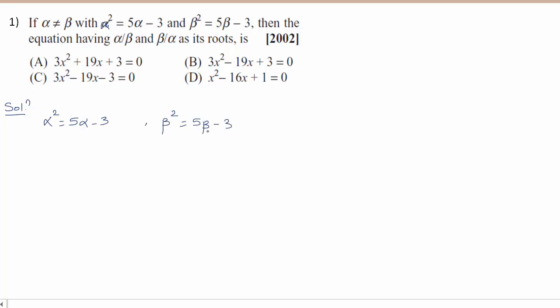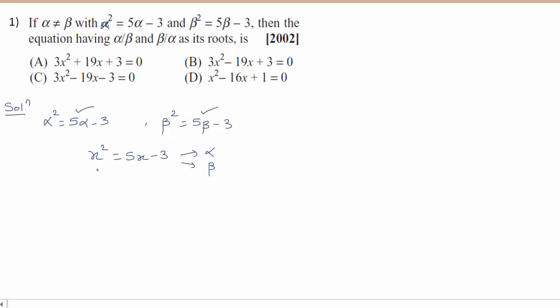Now looking at these two equations, we can identify that it looks like one quadratic equation, x square equal to 5x minus 3 having two roots alpha and beta. Right, so roots must satisfy the equation, so we get the first when we put alpha in the equation and the second when we put beta.